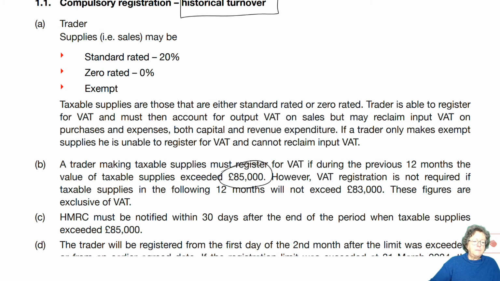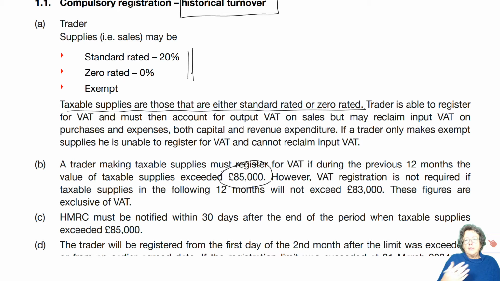So historically, a trader can make supplies of various different types. There's a standard supply, which is taxed at 20%. There are some services and goods that are zero rated and some that are exempt. Taxable supplies are only the top two. So these are just taxable. These are obviously not.